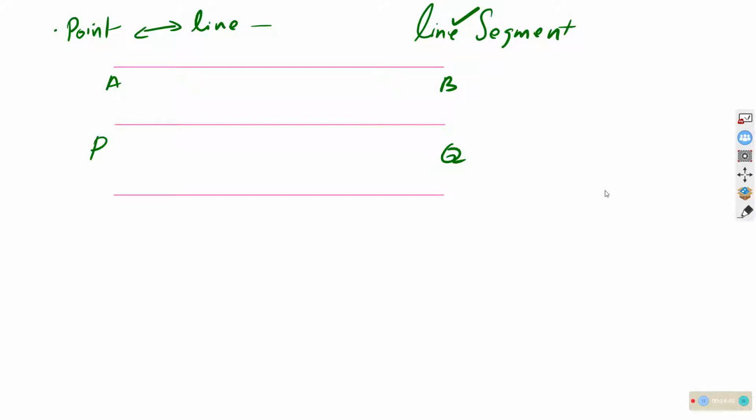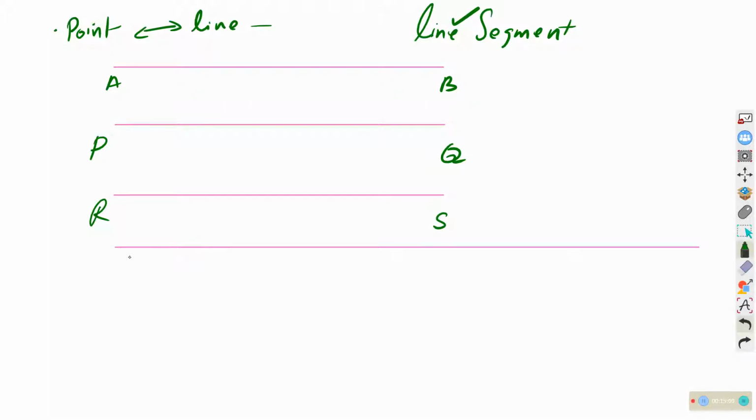Let this be named as RS. These are all our choice, what to name, what alphabets to be used. Let us do one more. This is quite big, quite long, I would say. So this can be named as line segment XY.